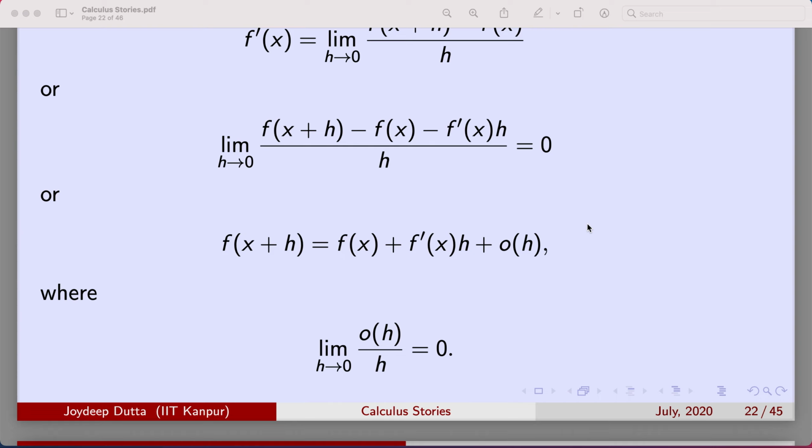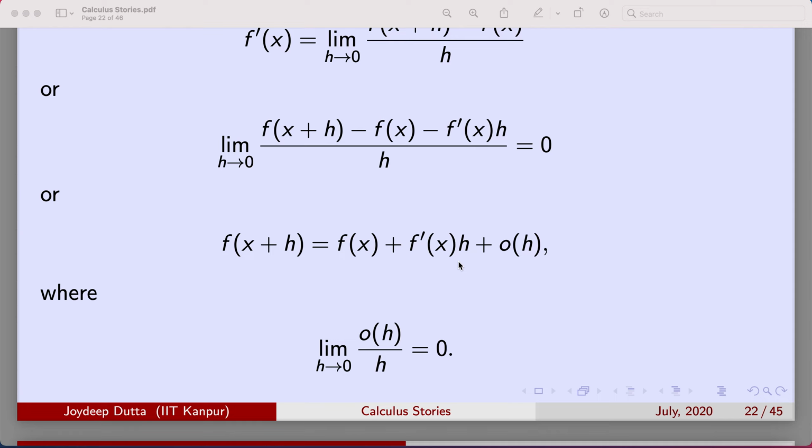So the derivative is actually a number which allows f of x plus h to be expressed in this form. That is, when h is very small, I can approximate f of x plus h pretty well through the straight line f of x plus f dash x into h. That will be the equation of a straight line.